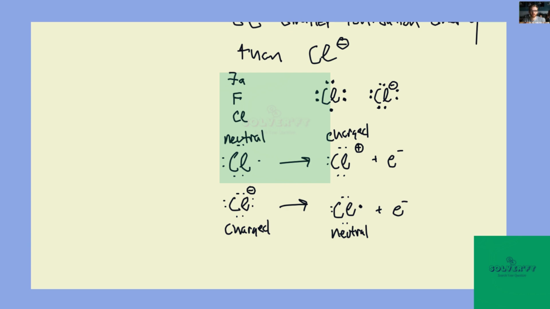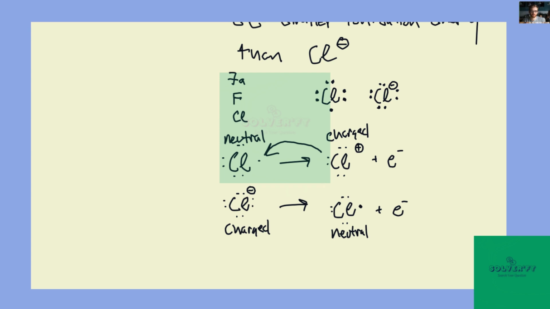We can also think of it like if you had a charged chlorine, this electron would be very attracted to it, right? Electrons want to be with positive things, which suggests to me that this reaction would much rather proceed in the reverse direction. Compare that to a charged Cl minus losing an electron to become neutral and coughing up a single electron, right?